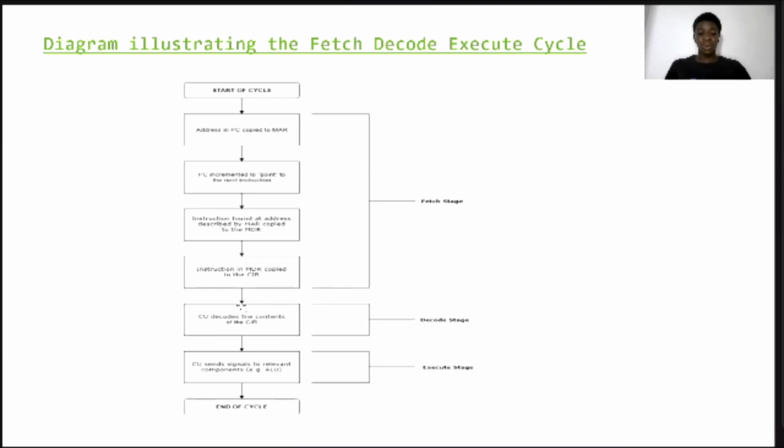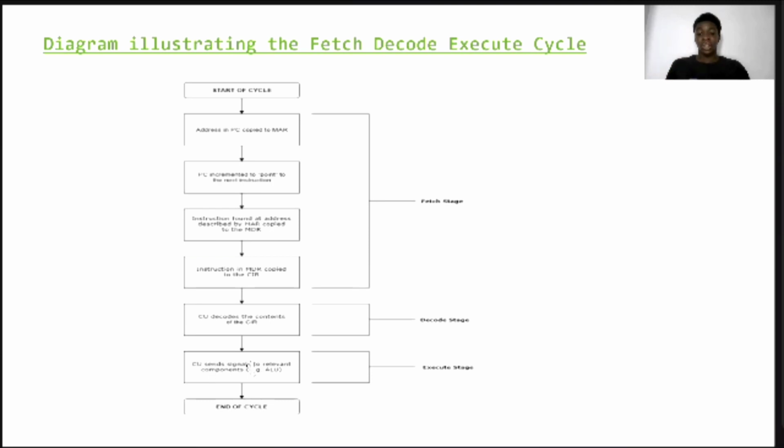Then we move on to the decode stage, where the CU, the control unit, decodes the contents of the CIR. This is where the control unit will decode the instructions and break everything down to the level that the machine would understand and know what it's supposed to do. Then from there we move to the execute stage.